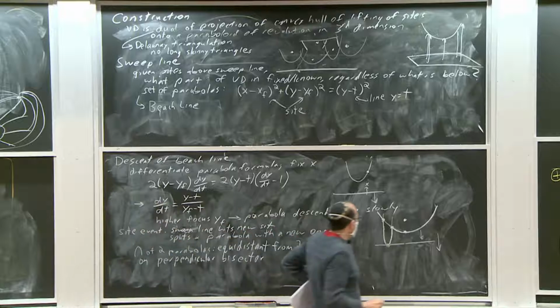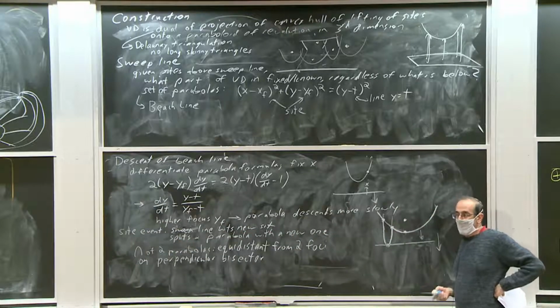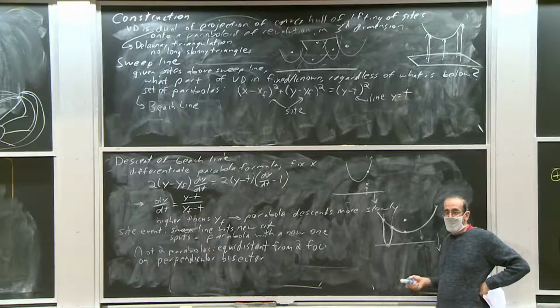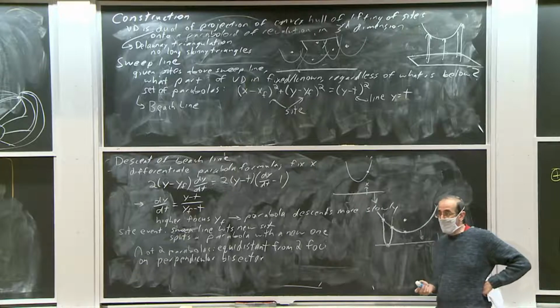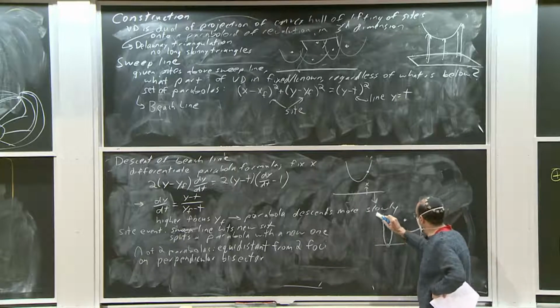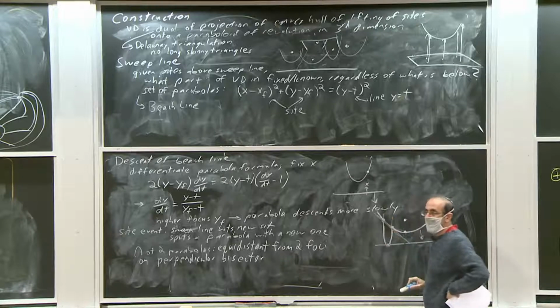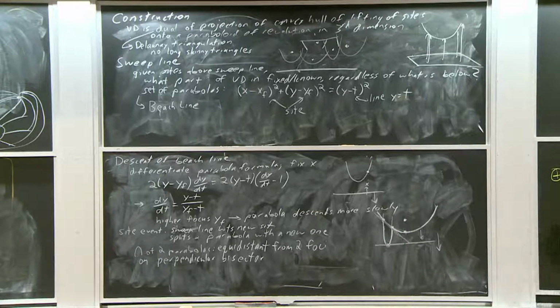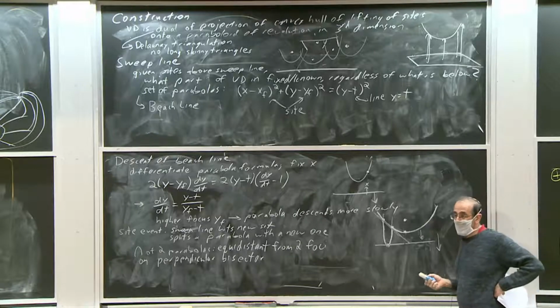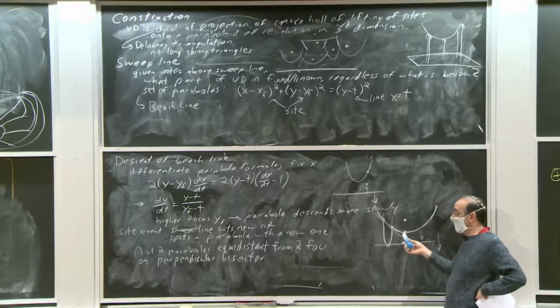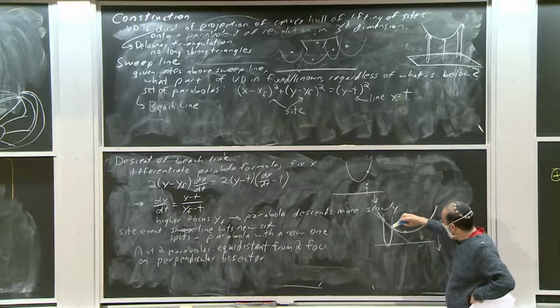And in fact, as the two parabolas now descend, the intersection point is going to evolve, and it's actually going to trace out the perpendicular bisector between the two sites. Now you notice from this picture, this is a little counterintuitive. I actually taught this wrong for several years.